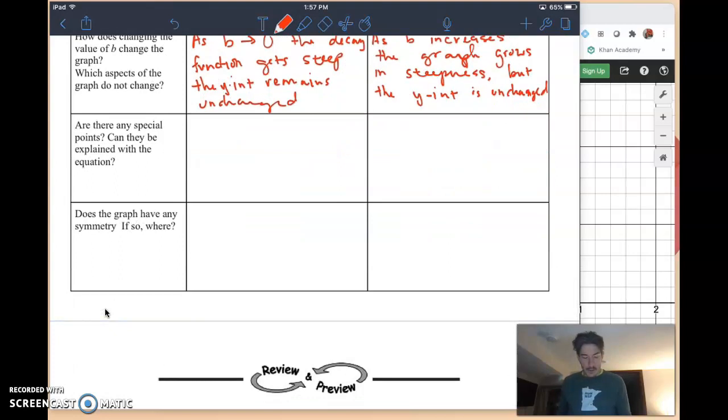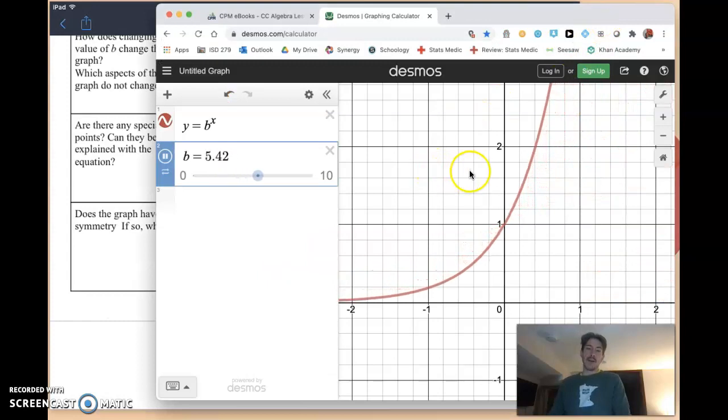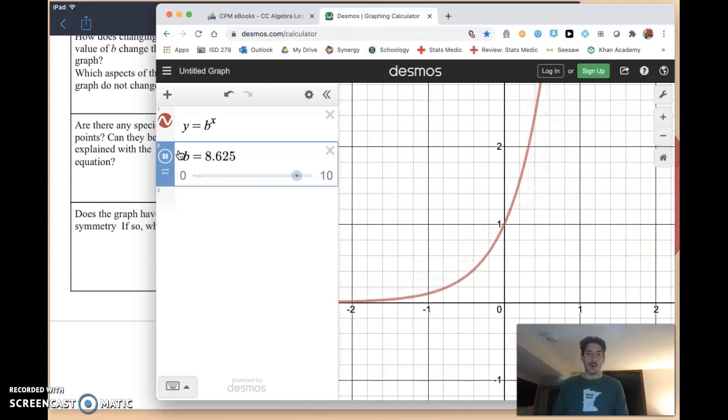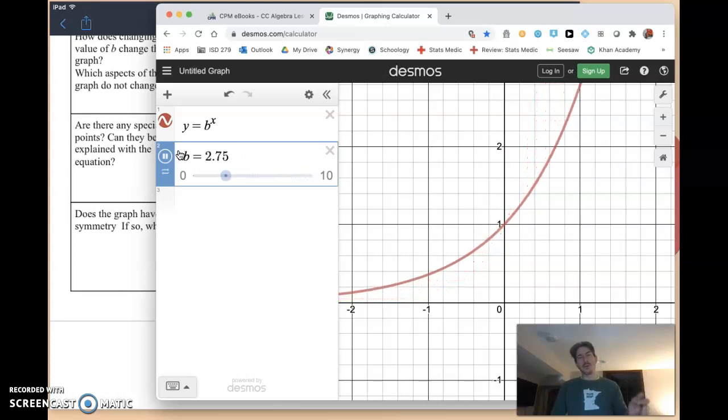Okay, last thing we're going to talk about here is, does the graph have any symmetry? If so, where? I'm kind of, maybe a little torn on this one, and you maybe have to do a little thinking on your own. The reason I guess it looks like it could have symmetry is because there is a reflection of a growth function that is also a decay function.